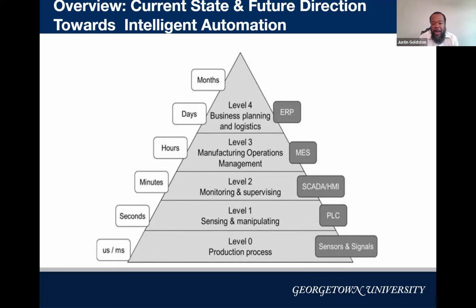So if we look at the bottom of the pyramid on the right-hand side, we're talking about production processes. Going back to the week we talked about manufacturing iPhones, there are going to be a number of sensors and signals to trigger the individuals, one, when they need to produce product, and two, when products need to be stopped or when processes are completed, for example.